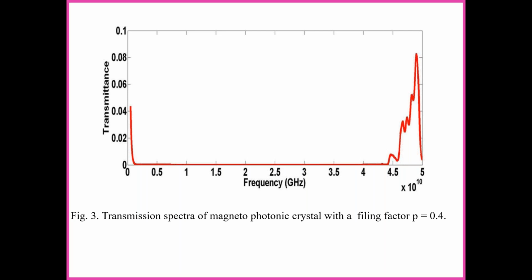By changing the fill factor, we can get this type of figures. This is for fill factor equal to 0.4, and we can get this type of band gap, such an enlarged band gap. This can be used for sensors and other applications also. But here we are using it for solar cell applications, because in the anti-reflection coating of a solar cell, we need a reflective layer.